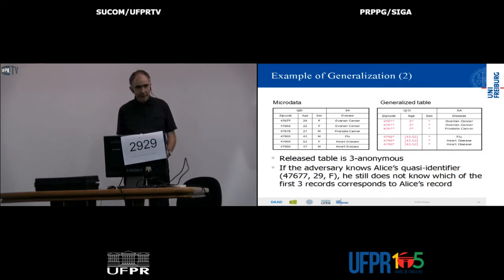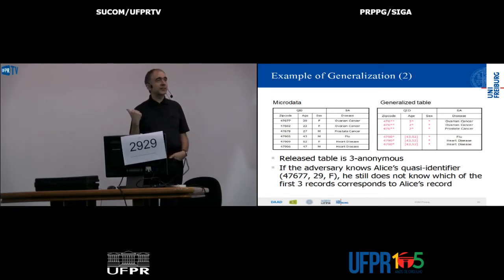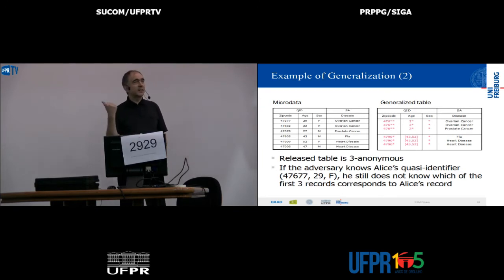Alice is female. There are some things females never get. Prostate cancer. So the data contains information which leads to leakages. Because even if you remove the sex from the characteristics of the data, the disease reintroduces sex.